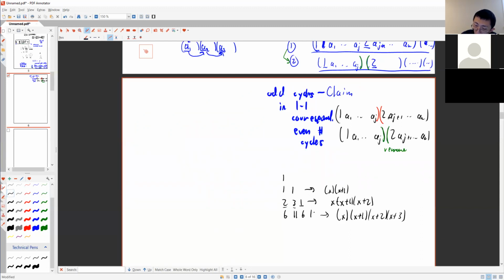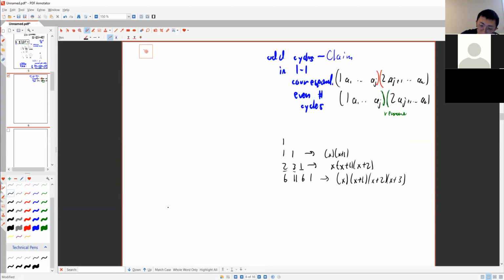So this is called the rising factorial, where you go up. So this is this. If I write this, this is 6.